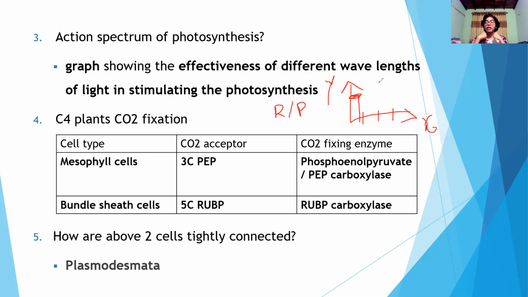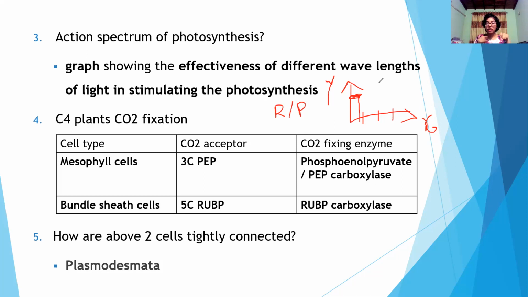In red light and blue light wavelengths, the photosynthesis reaction is pretty effective. This graph helps you find which wavelengths are effective in photosynthesis.